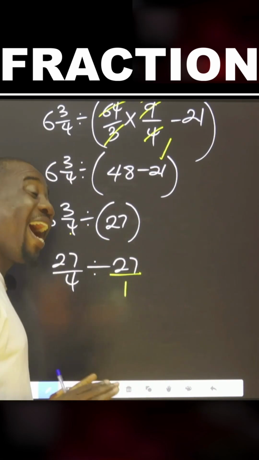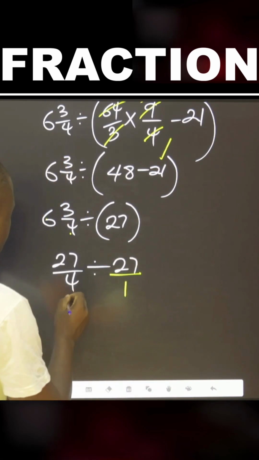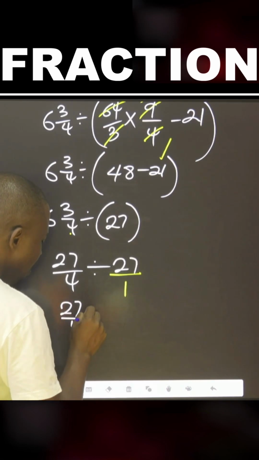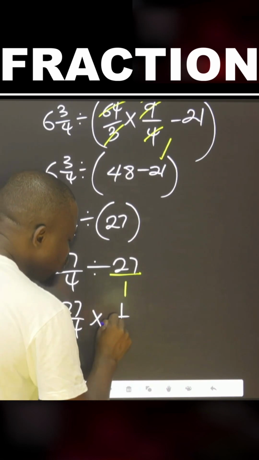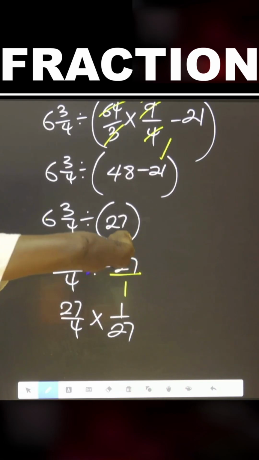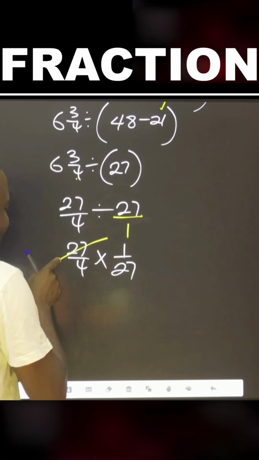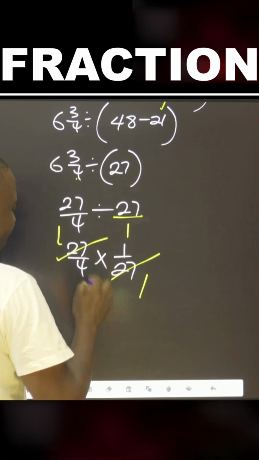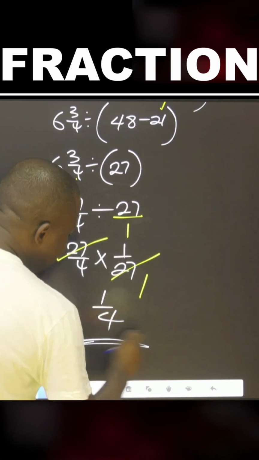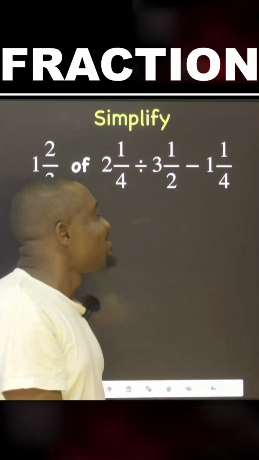When you see divide, it means you have to turn it to have 27 over 4 multiplied by 1 over 27. We turn this upside down. This here is 1, this here is 1. That is 1 over 4. That is the answer.